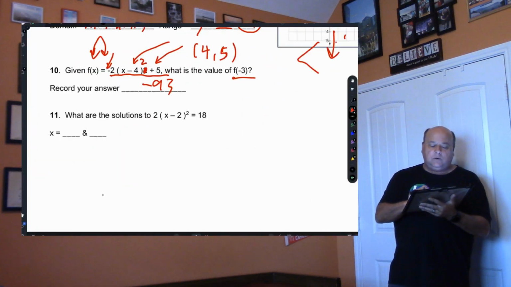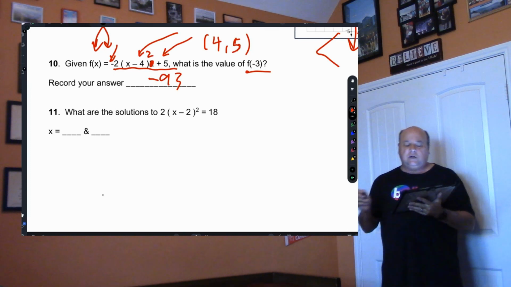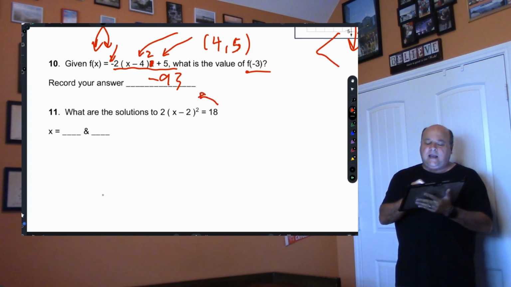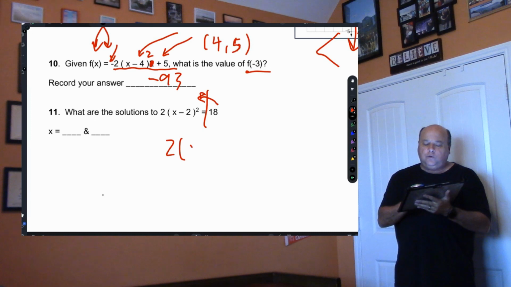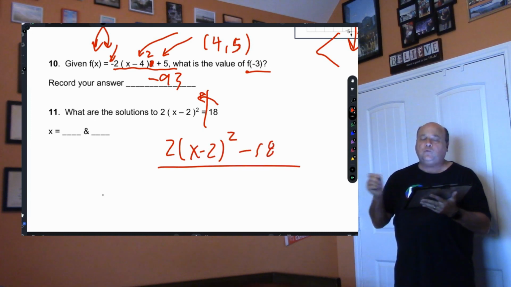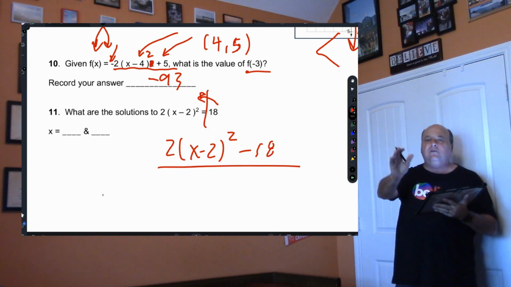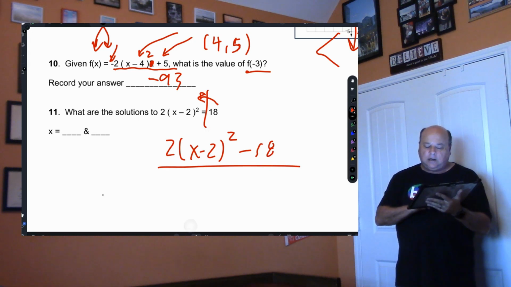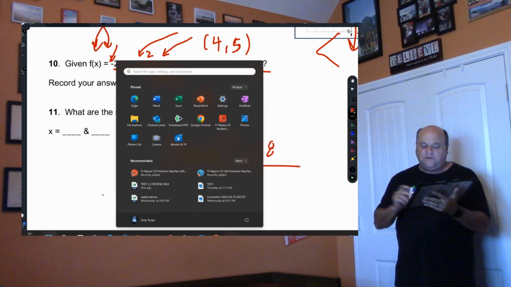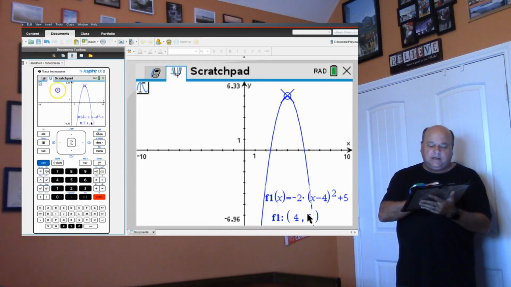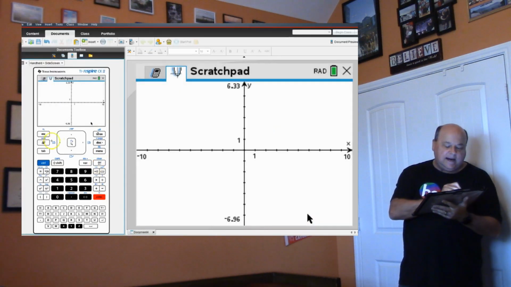The next one right here, what are the solutions to this equation? So I got to move the 18 to the left. So I got 2 parentheses x minus 2 squared minus 18. That's what I'm going to graph. Make sure you move everything to the left. So go to your calculator. Fun, fun, fun. We need to hit delete, delete, delete. And then tab.